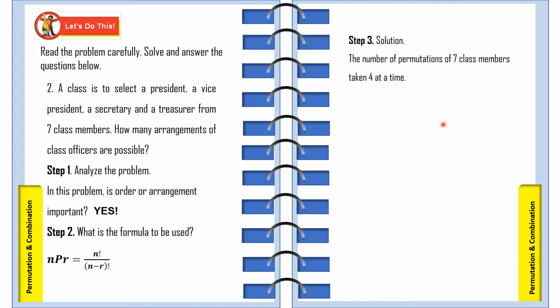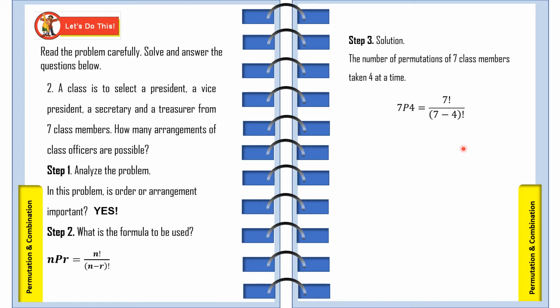We're going to pick 4, because there are 4 positions: the president, vice president, secretary, and treasurer. That's why out of 7 class members, we're going to pick 4, wherein order is very important. So our solution would be 7P4, which is equivalent to 7 factorial all over 7 minus 4 factorial.